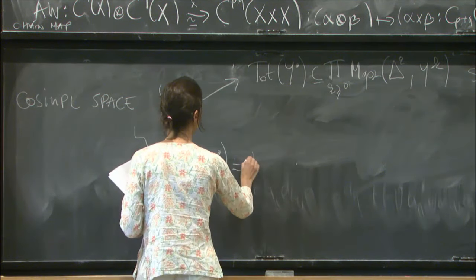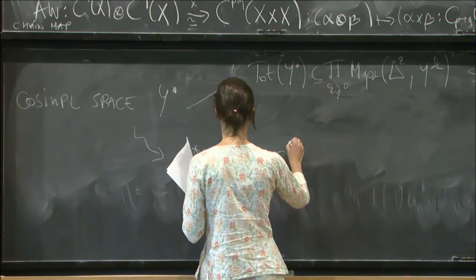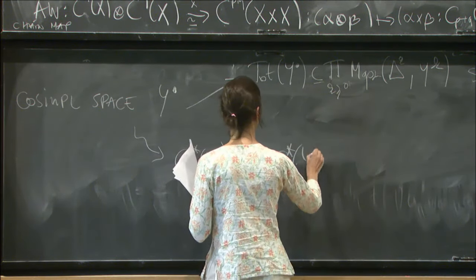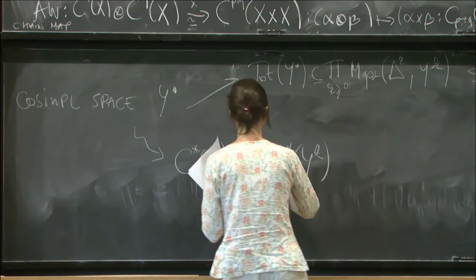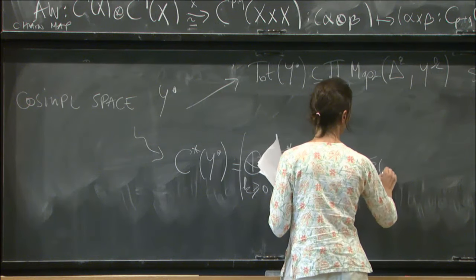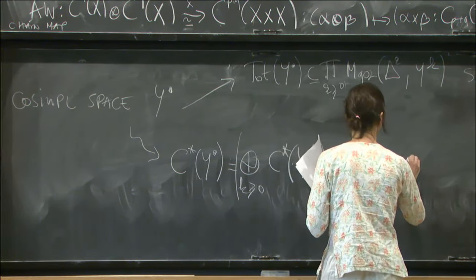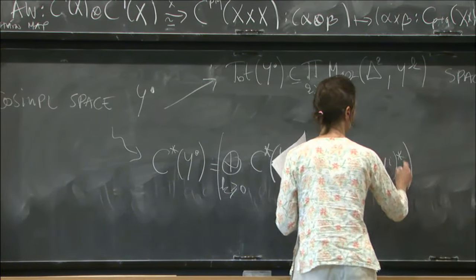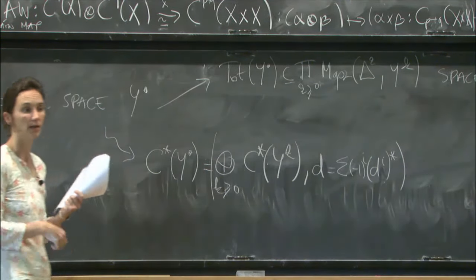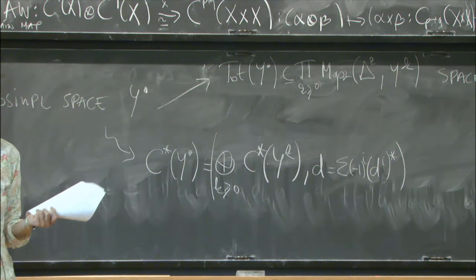This is the sum over k of C star Y k. It's a cochain complex with differential the sum of minus 1 to the i of the di dual, induced on the cochains. They satisfy the identities, therefore this squares to 0. It's a happy chain complex.